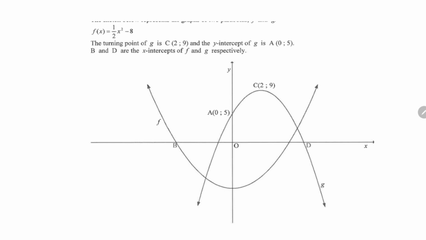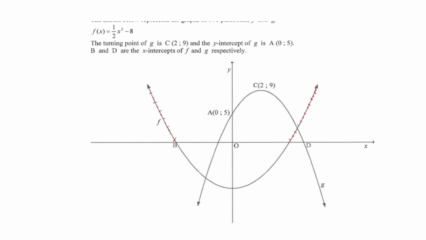So where the graph is greater or equal to 0, that is actually from here to there and over here. So that is where the graph is greater or equal to 0.